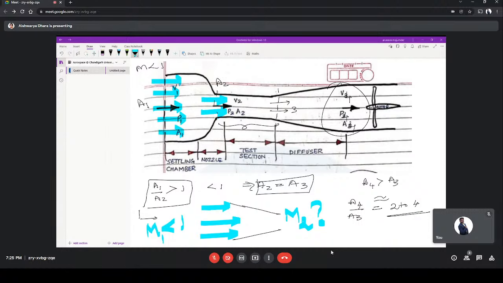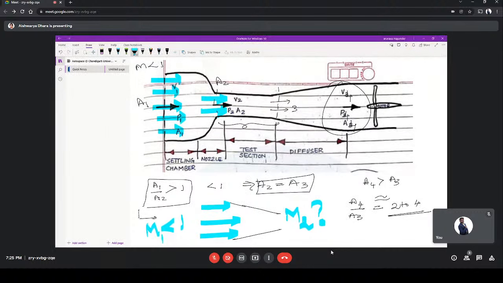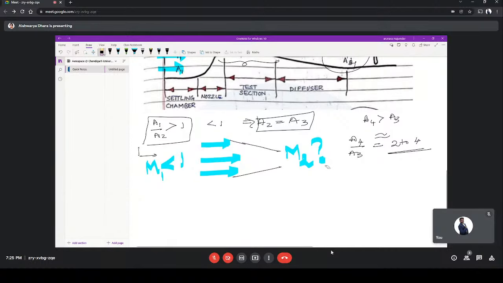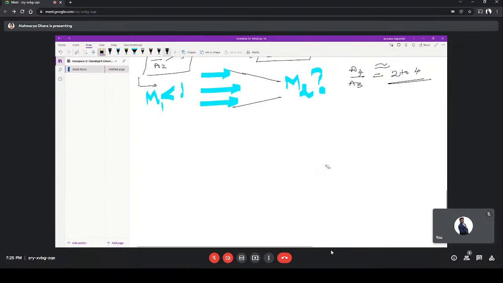Now there may be some questions sometimes they ask in GATE, like reason based questions, like they say that if we are using a divergent type section, let's take a rocket. In a rocket we use a divergent type exit part.